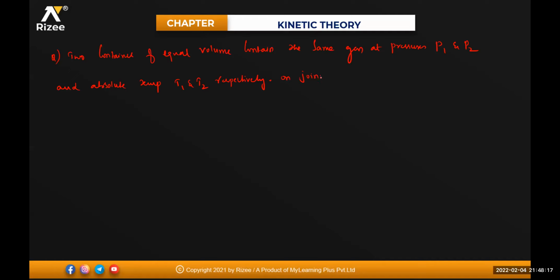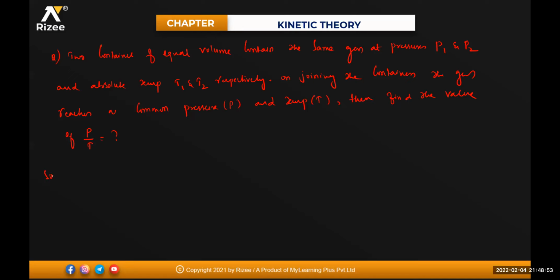On joining the containers, the gas reaches a common pressure and a common temperature T. Then find the value of P by T. P by T is equal to how much? Clear?